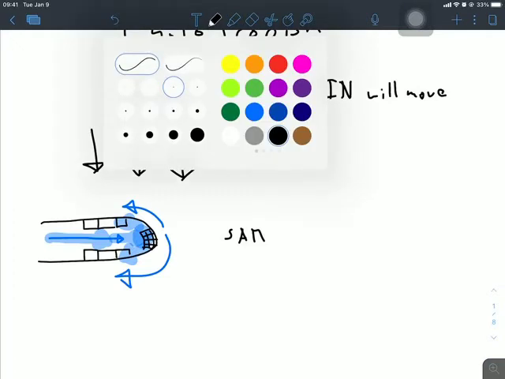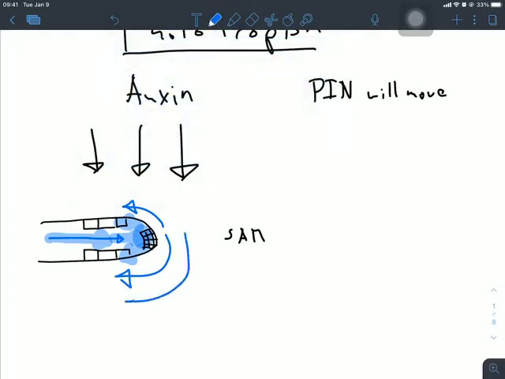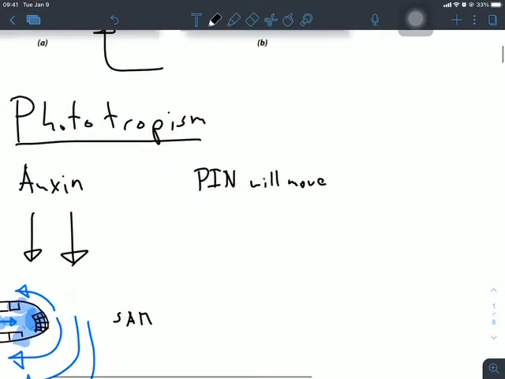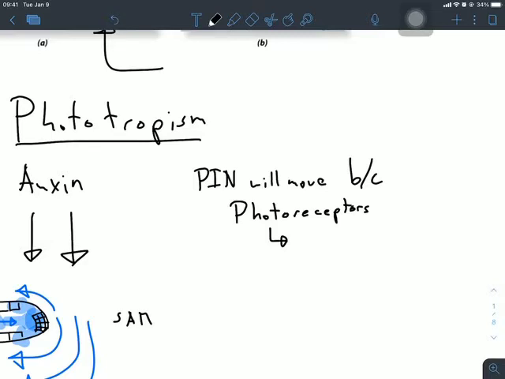It is instead going to be preferentially transporting down below because the light is being sensed from above. These PIN proteins move because of the light sensing that occurs from photoreceptors. These photoreceptors are particularly paying attention to blue light signals.